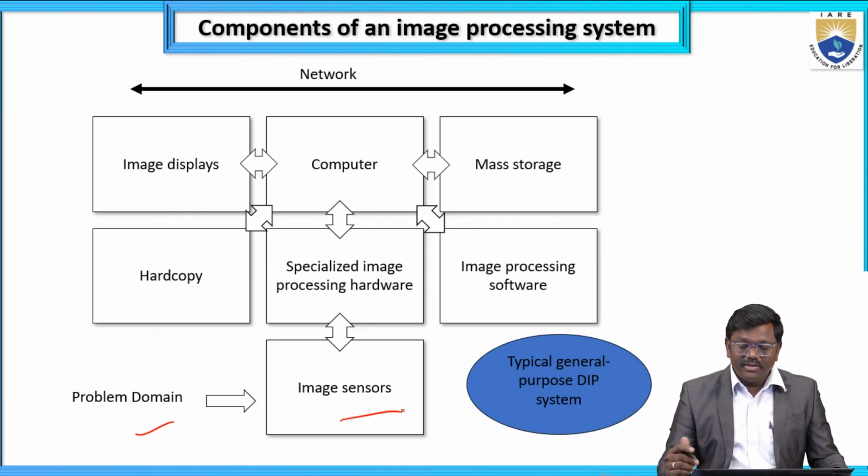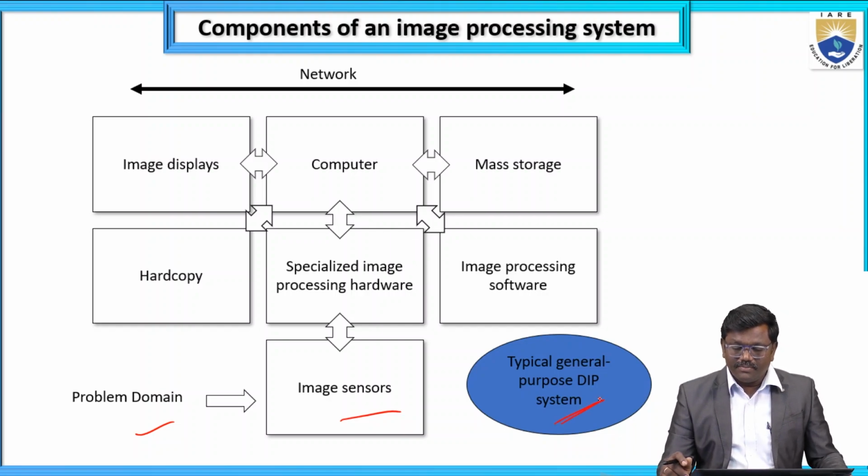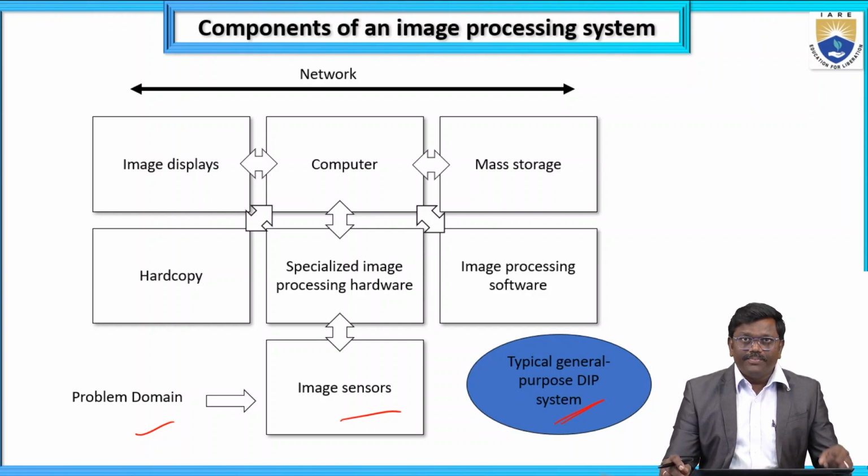Typically we apply this complete network process in terms of a general-purpose digital image processing system. If you want to define each component of such an image processing system, we call them digital image processing system components.